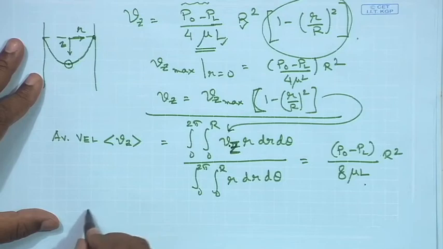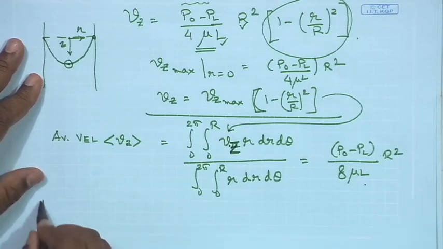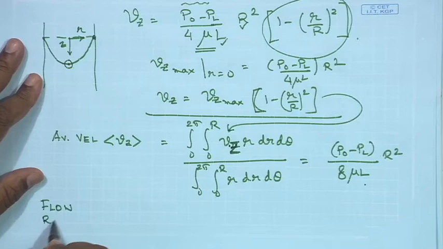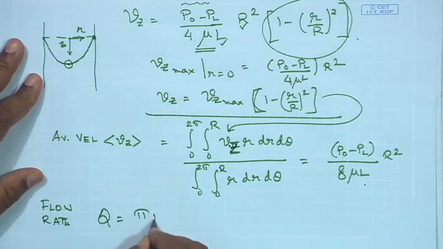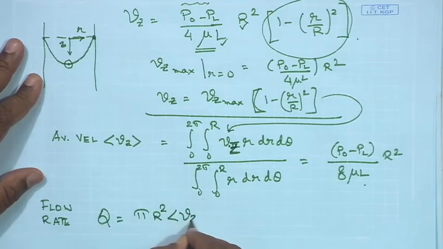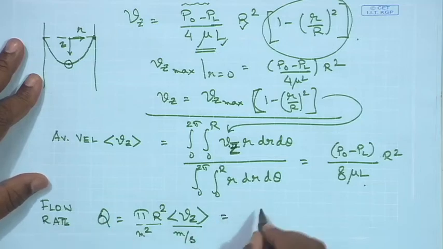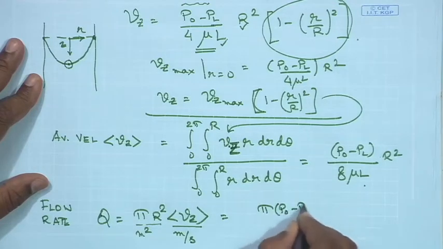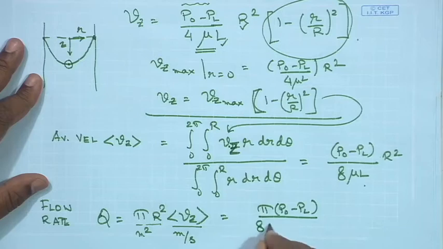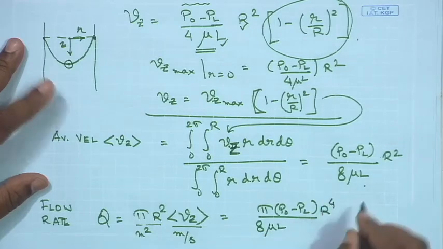And once you have the average velocity, the flow rate Q would be equal to pi R square times the velocity. So, this has units of meter square, this is meter per second. So, together it becomes meter cube per second, which is the volumetric flow rate, which would be equal to pi (P0 minus PL) by 8 mu L times R to the power 4.